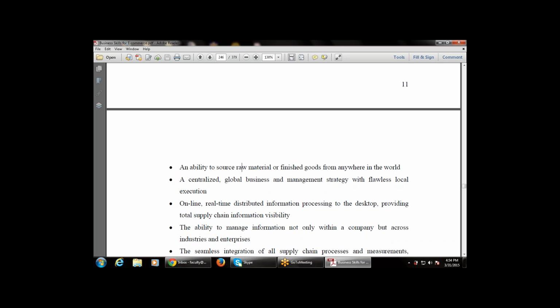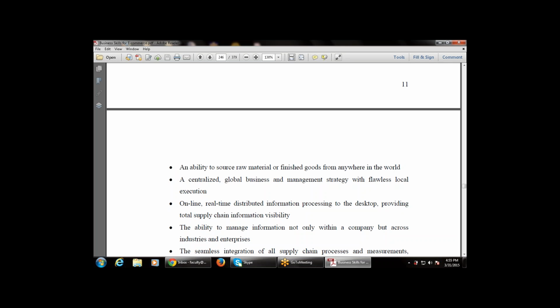SCM is a centralized global business and management strategy with flawless local execution.